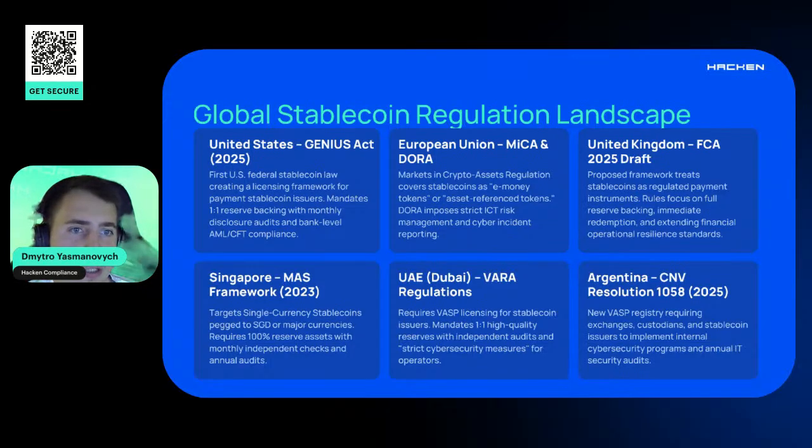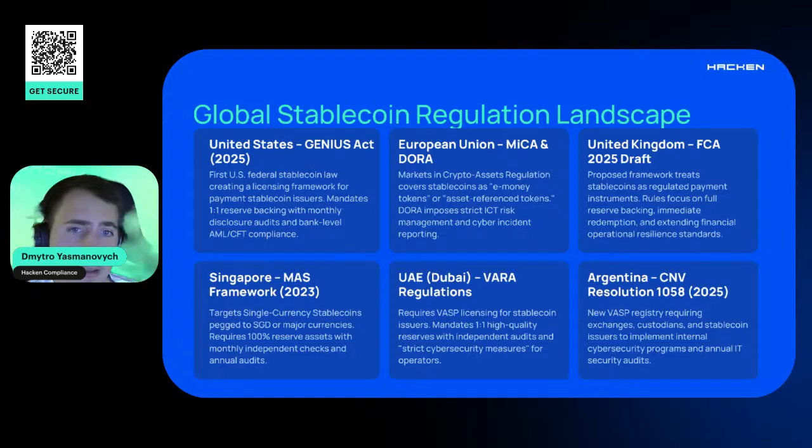We had the trend of AML and CFT rules, and right now we have something like proof of reserves, which appears everywhere. For Singapore, we have the MAS framework from 2023. It targets mostly single-currency stablecoins pegged to the Singapore dollar or major currencies, and for sure it requires 100% reserve assets.